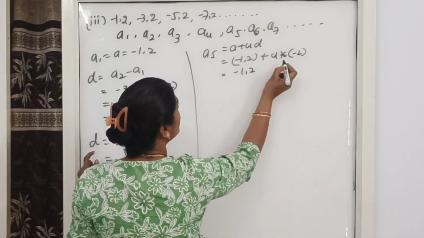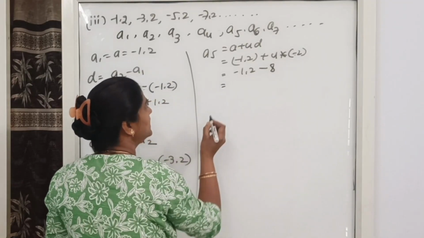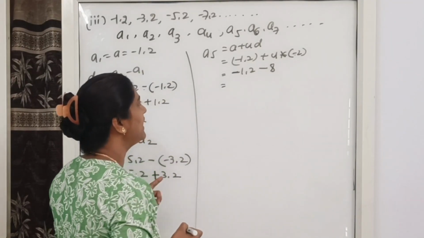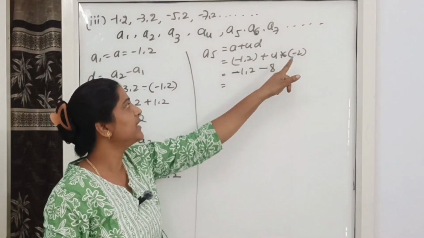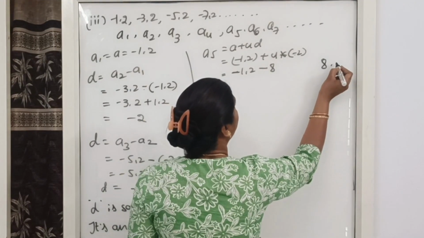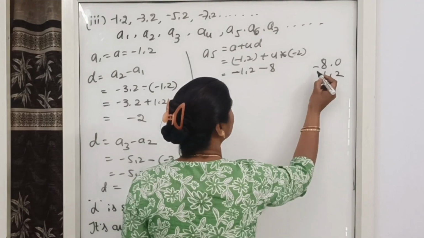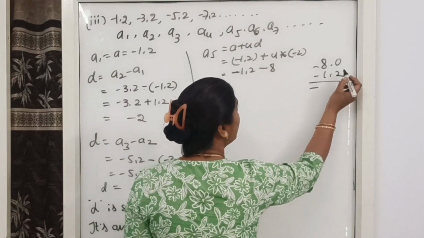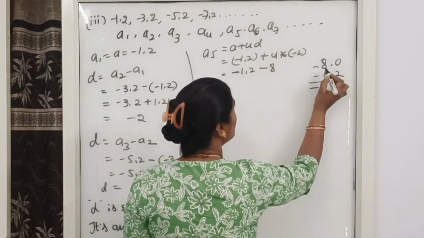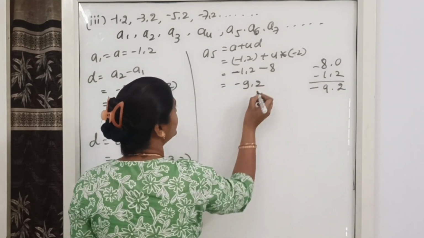Minus 1 by 2 plus into minus, minus 4 2s are 8. This is negative and that is also negative, because plus into minus is minus. 4 2s are 8. Both are negative, so keep the negative sign and add them: 8 plus 1 is 9. So it is minus 9 by 2.